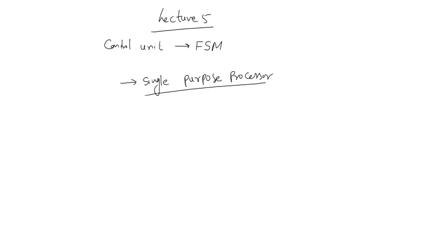So what is actually a single purpose processor? We have seen the general purpose processor, the application specific information processor and the application specific IC. A single purpose processor is application specific. The difference from an application specific IC is that in an application specific IC everything is hardware, so programmability is not there.